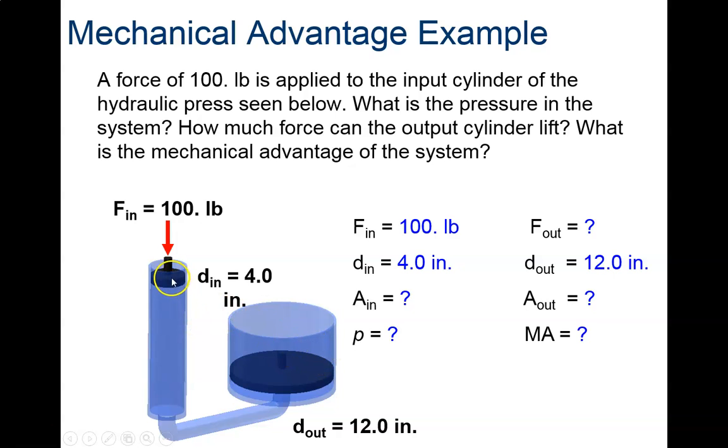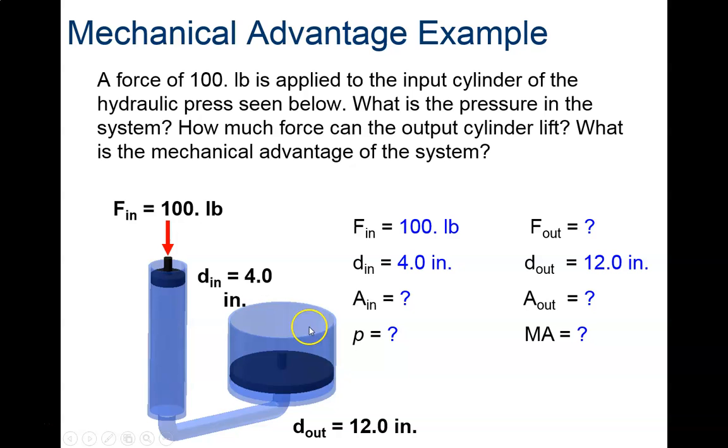When we squeeze down with this, we push a long way, and this only goes up a little bit. So we're losing distance, and typically the trade-off is that we gain force, so we should end up with extra force on the output.